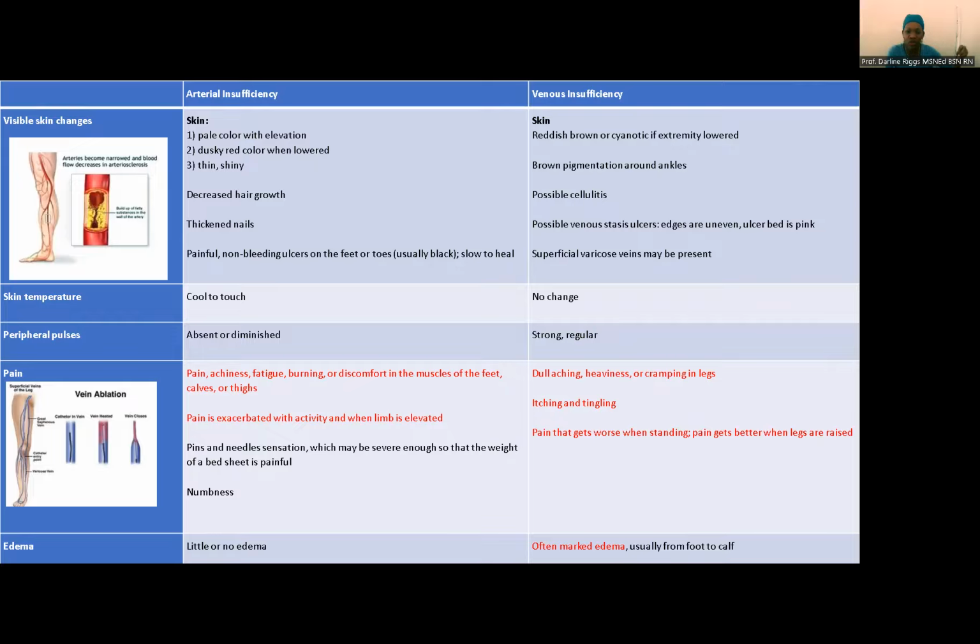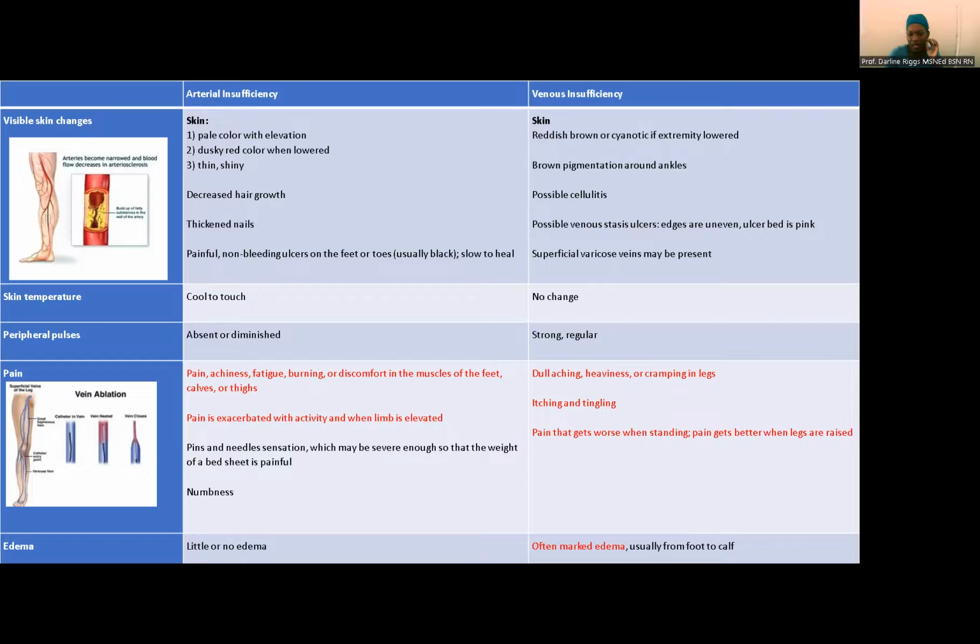And when they walk, activity, and when the limb is elevated, it's painful for them. Nasty. They get these little pings, that's how they describe it, like a pin sensation. Like if you've ever had cramps, similar to that. And it's so bad that a light cover can't touch their skin.